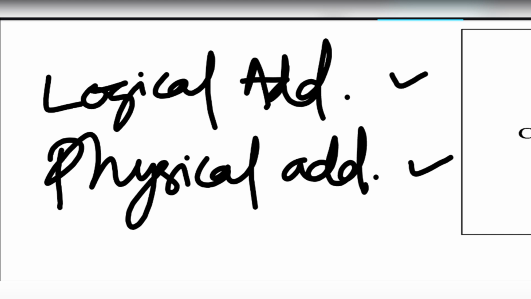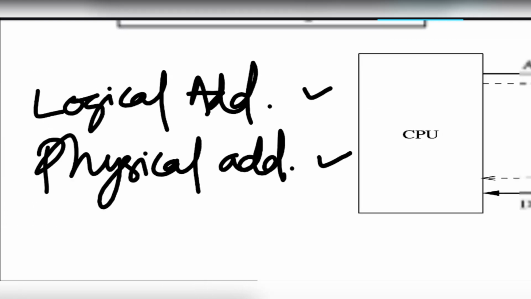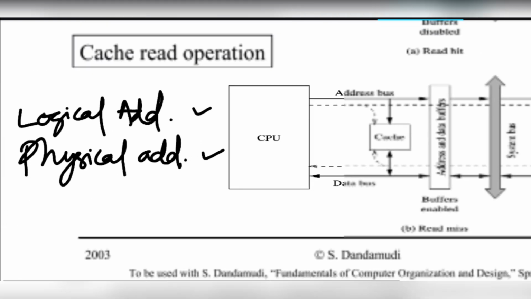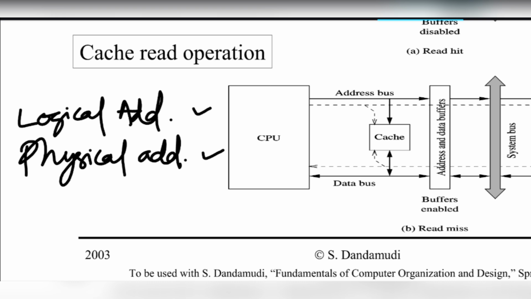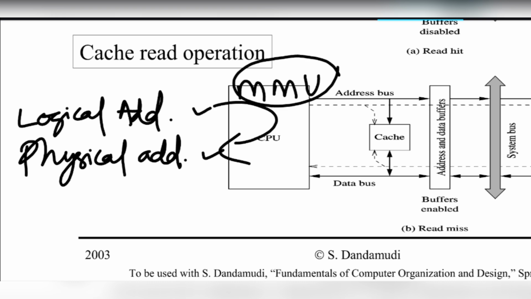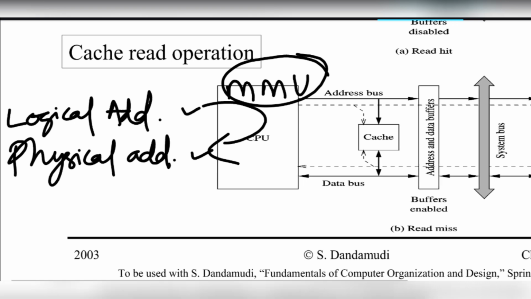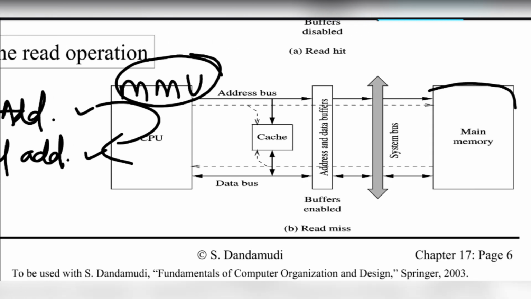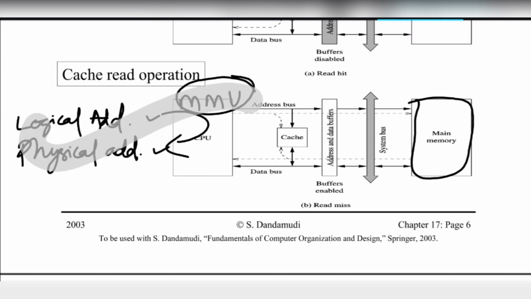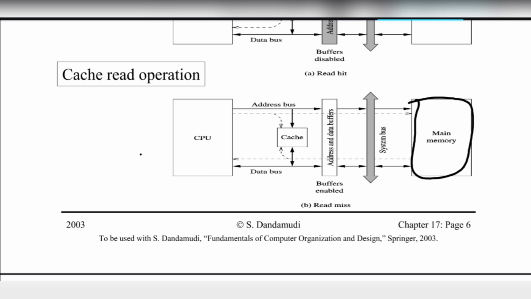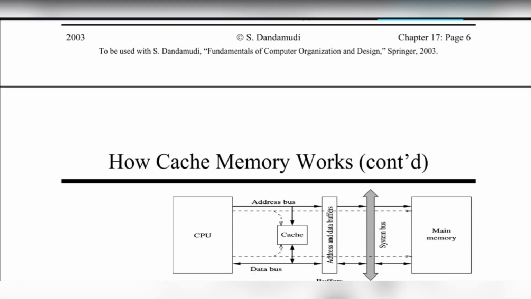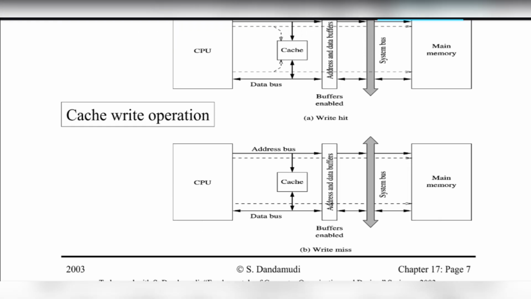Two types of address work. The CPU sends the logical address, and then our memory management unit converts the logical address into a physical address and searches in the main memory. Okay, this is clear. So this is the method. This is how our cache works, and we will discuss other things.